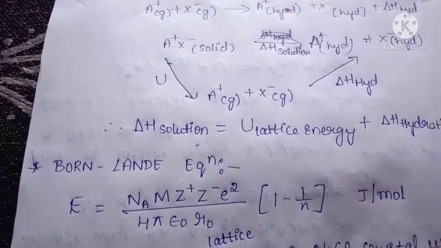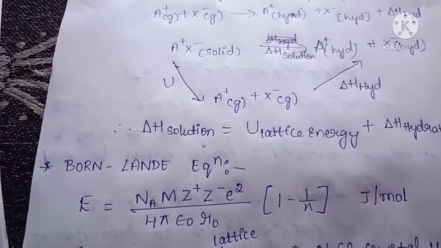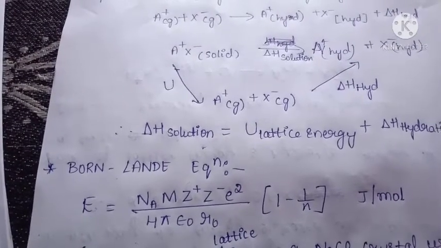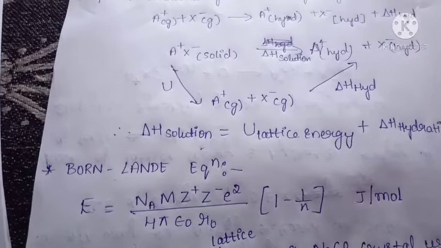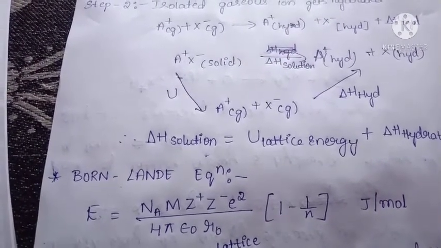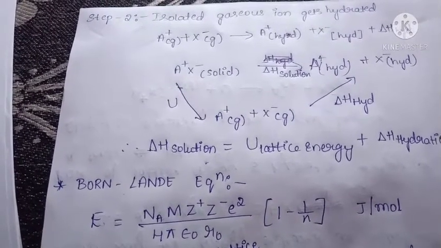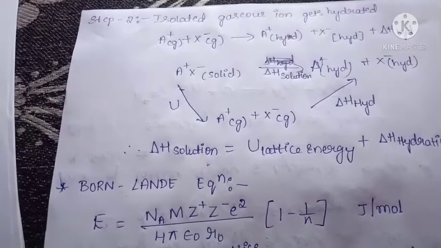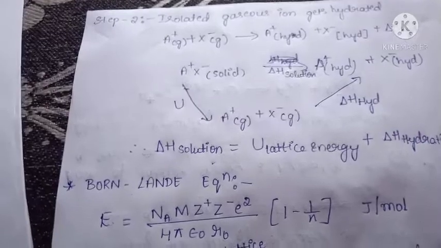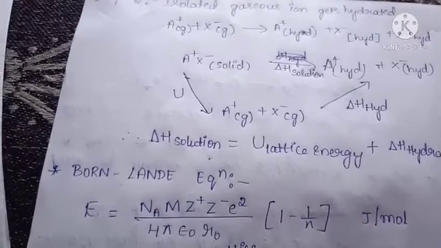Or in magnesium chloride, magnesium carries +2, chlorine always carries -1. Here magnesium donates 2 electrons, chlorine accepts 1 electron. The molecular formula of magnesium chloride is MgCl2. Here there are 2 chlorine atoms, so one chlorine atom accepts 1 electron and the other chlorine atom accepts another electron.